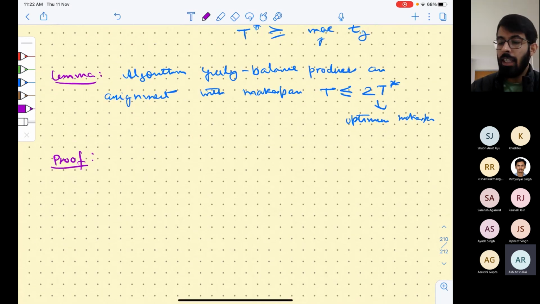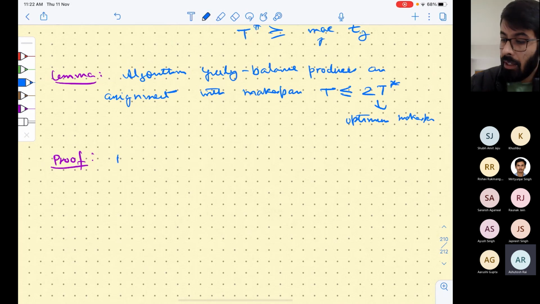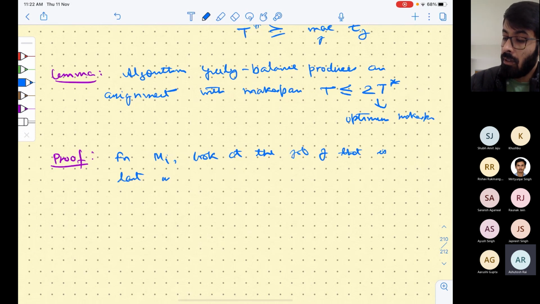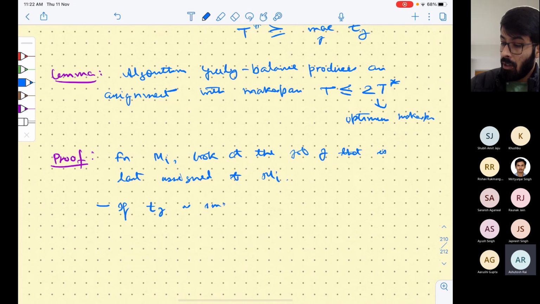The idea of the proof is going to be that for a machine Mi, look at the job j that is last assigned to Mi. Now, if Tj is small, then use lower bound 1.